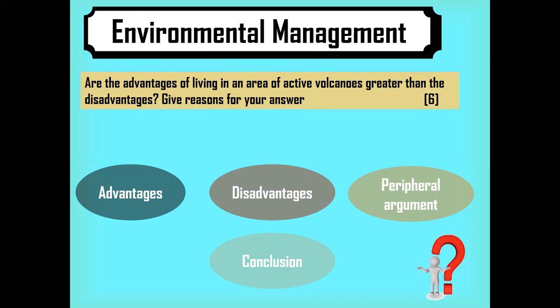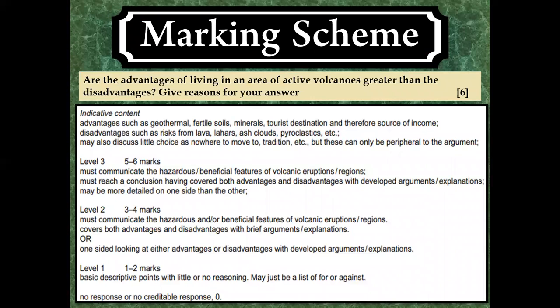If you look at the marking scheme, there is a guideline: we are supposed to put advantages such as geothermal source of energy, fertile soil, source of minerals, or tourist destinations, and also a source of increased income. For the disadvantages, we put risks from lava, lahars, ash clouds or pyroclastics, which are life-threatening conditions.